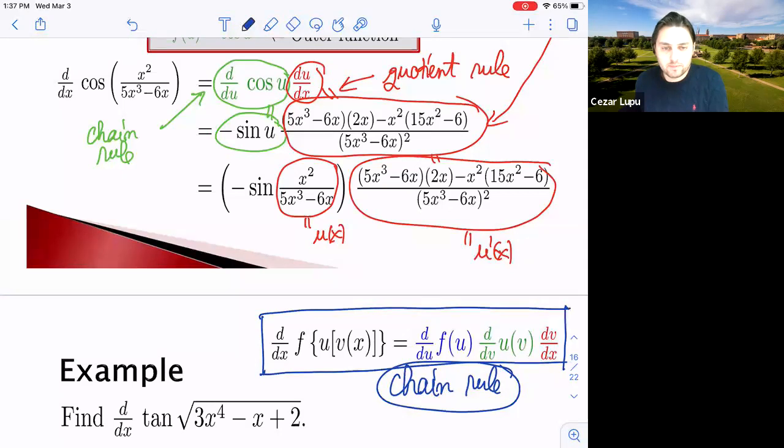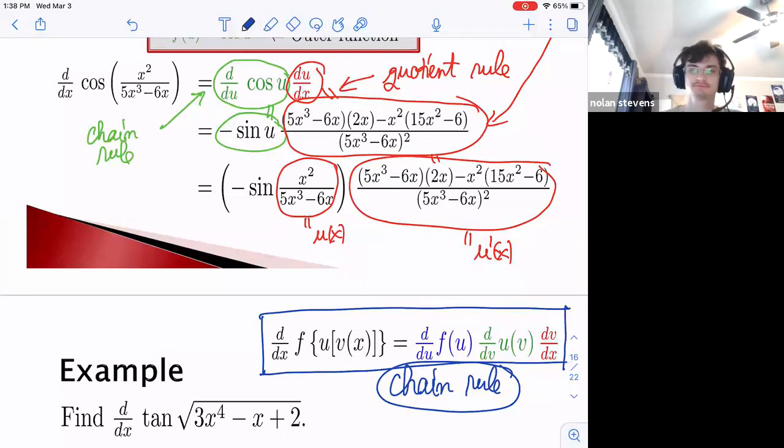So I would like you to look at this. And this time, I would like you to identify who is V, who is U, who is F. F is equal to tangent of U. Say that again.